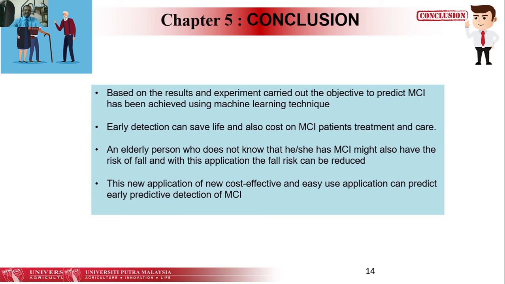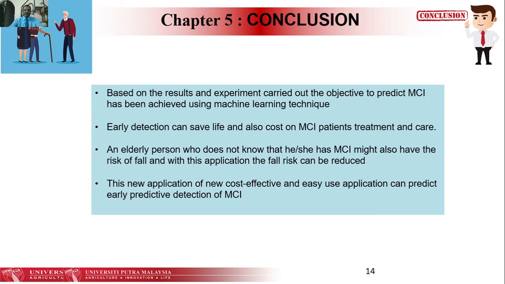And with this, it's confirmed that early detection can save life and also cost on MCI patient treatment and care. An elderly person who does not know that he or she has MCI can get to know easily with this application whether they're having a predicted early MCI or not.